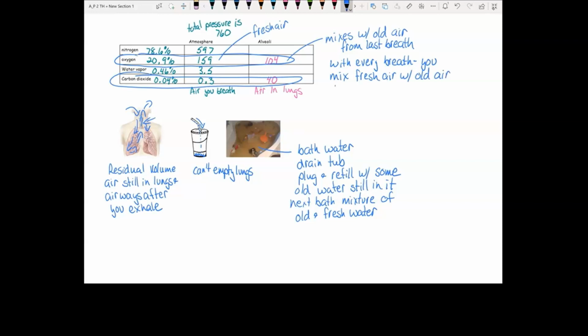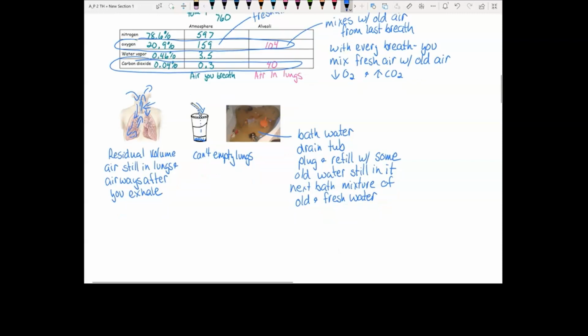And so this reduces the oxygen and raises the carbon dioxide. So now we know that in your lungs we have 104 for oxygen and 40 for carbon dioxide.